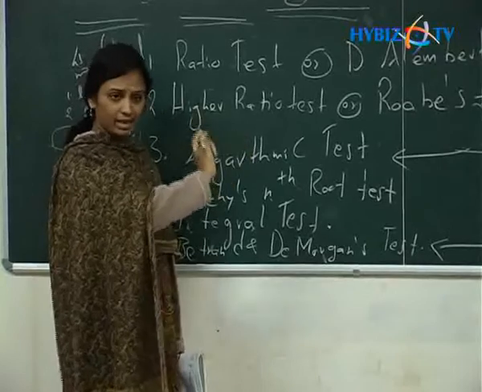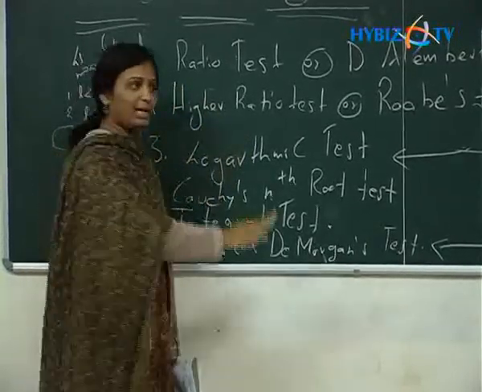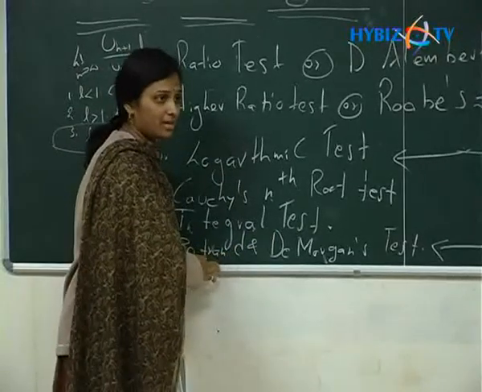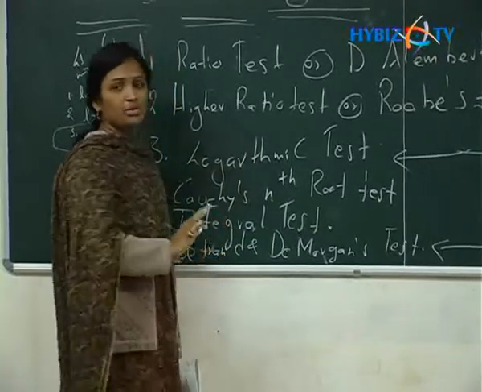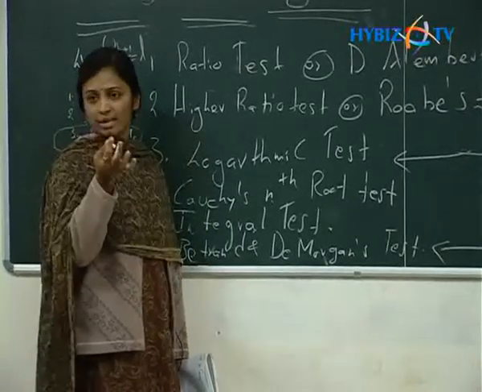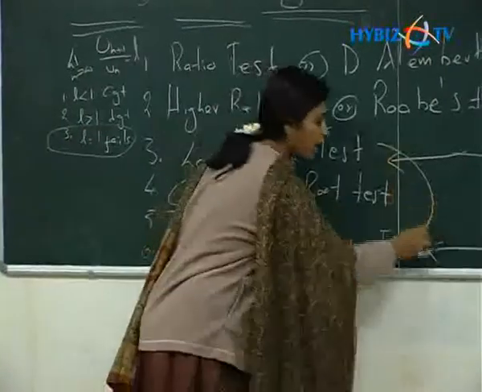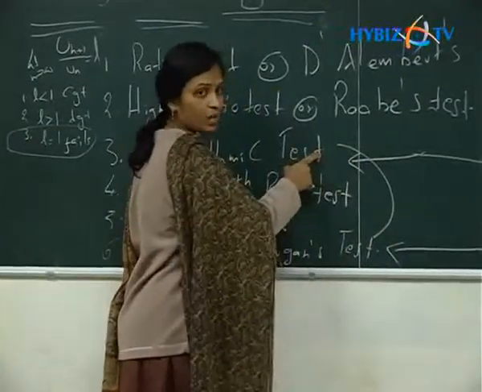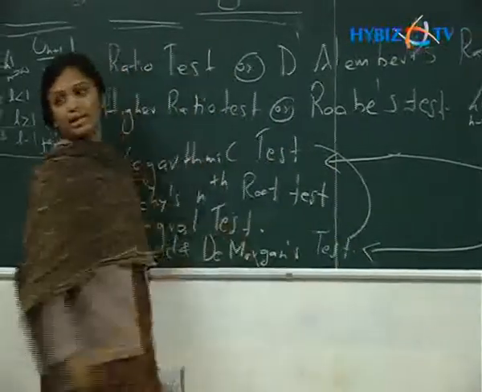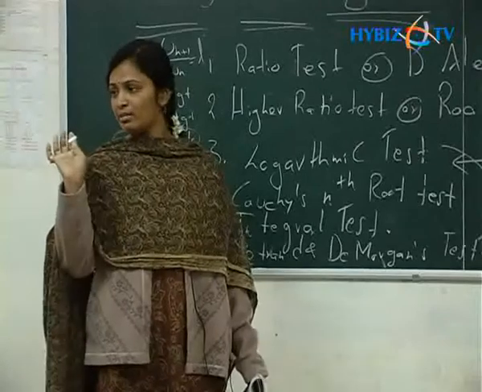Next, if the test fails with 1 by x or x, directly you go for this last, 6th test. Now suppose you get x^e or 1 by x^e; at that time you first go for the logarithmic test, and only if the test fails again do you go for the Bertrand test. 99% of the time you will get the solution in the logarithmic test itself.